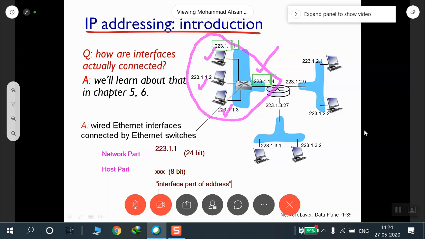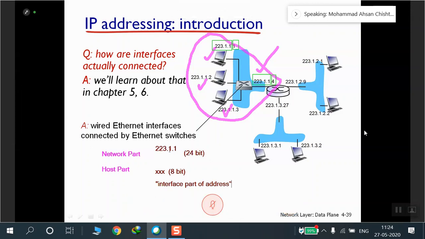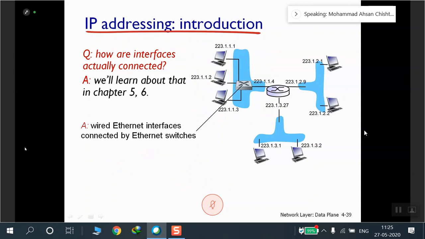So the network address here, in other words, is 223.1.1.0/24. And what does this /24 denote in this case?